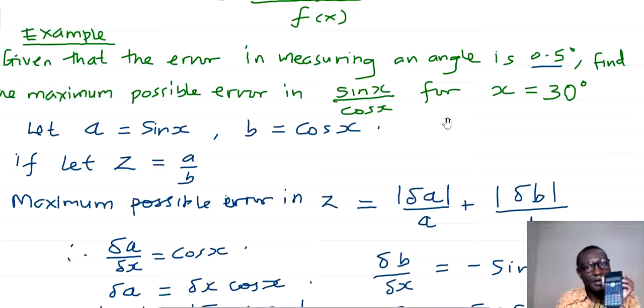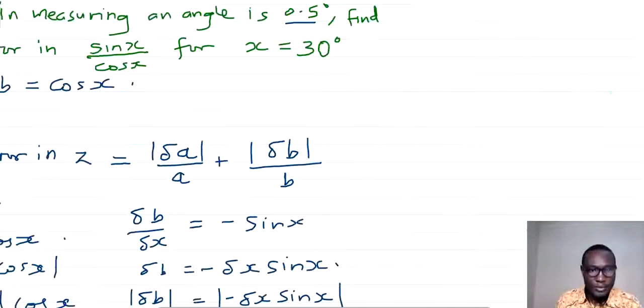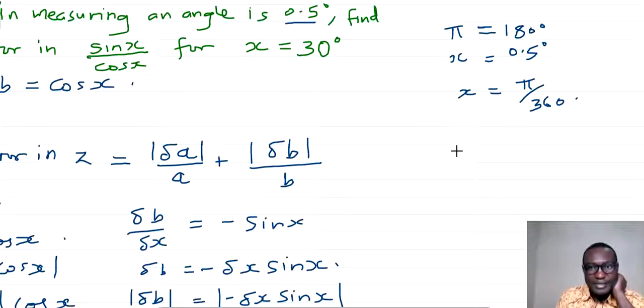So here our calculator is going to remain in degrees. If we convert 0.5, our absolute error delta x is now going to be pi by 360. I was only converting 0.5 to be in terms of pi.